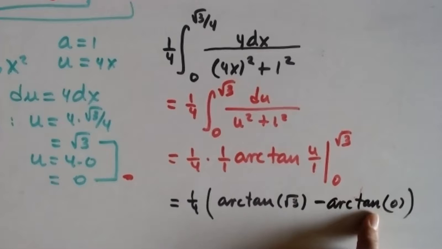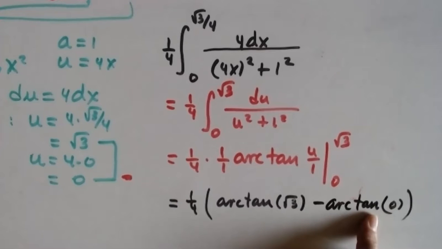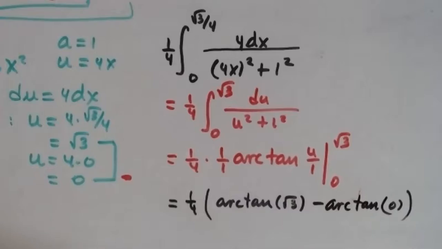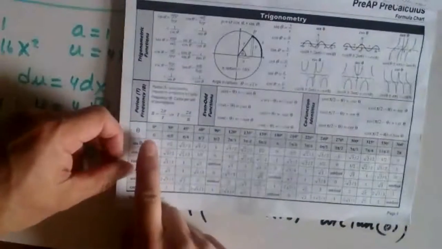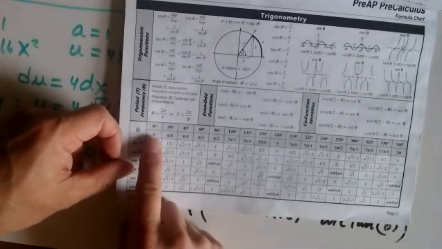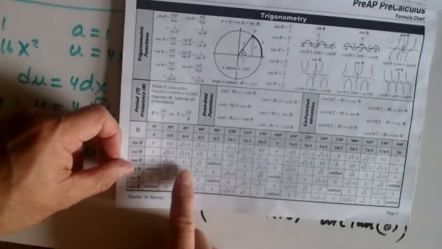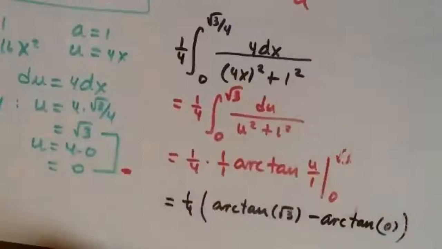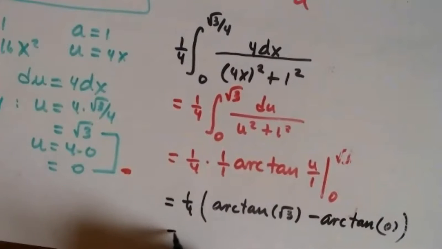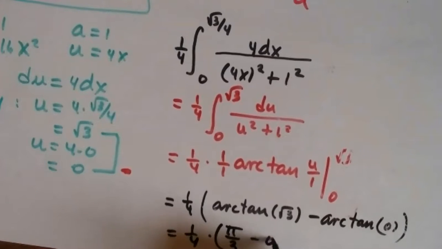So again, values that you should remember, but if you don't, okay, remember, here is your partner, your formula booklet. So tangent is 0 for 0 and is the square root of 3 for pi over 3. Okay, so this is 1/4 pi over 3 minus 0, correct?